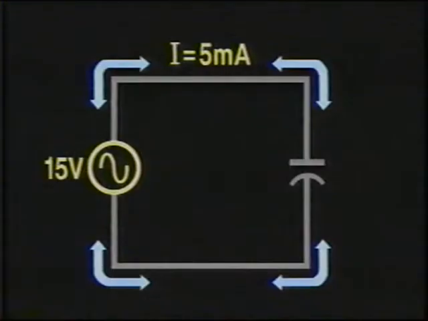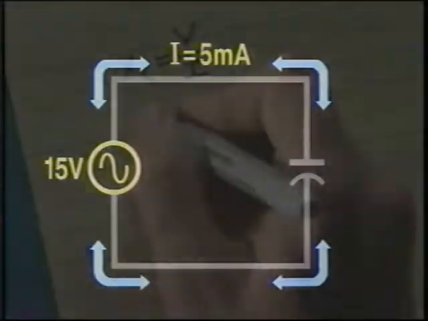Let's find the capacitive reactance for an example circuit using this variation of Ohm's law. This AC circuit consists of a 15-volt source connected to a capacitor. The circuit current is known to be 5 milliamps. From these values, the capacitive reactance of the circuit can be determined.